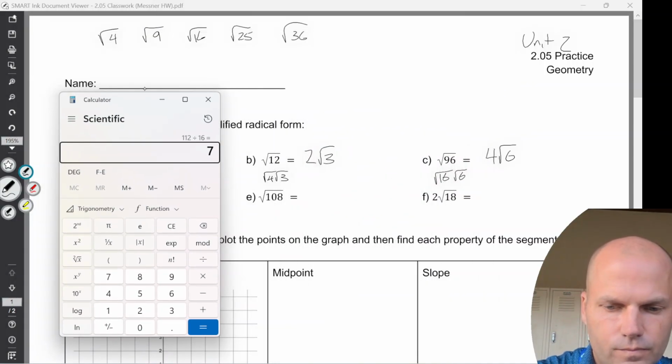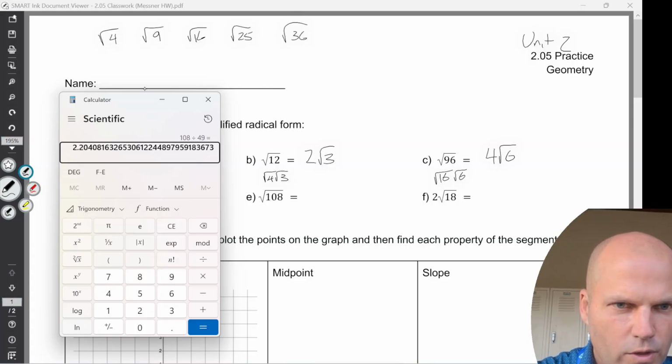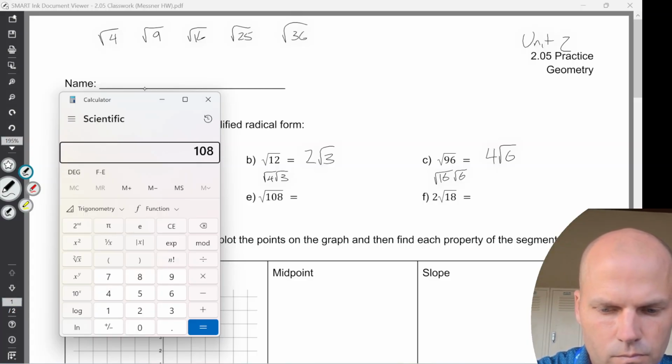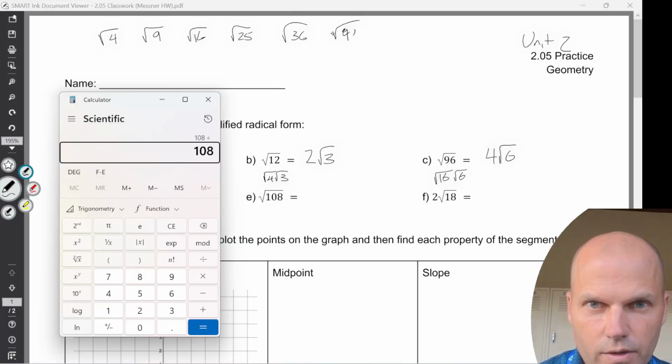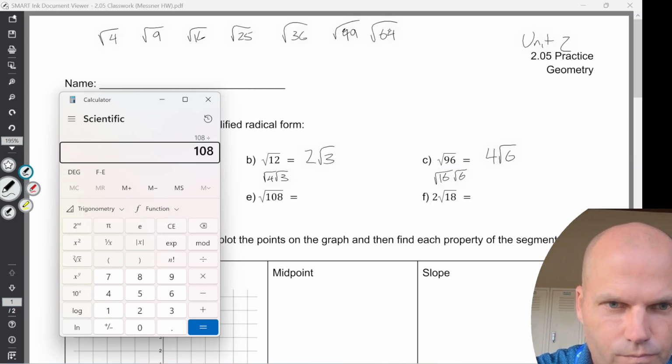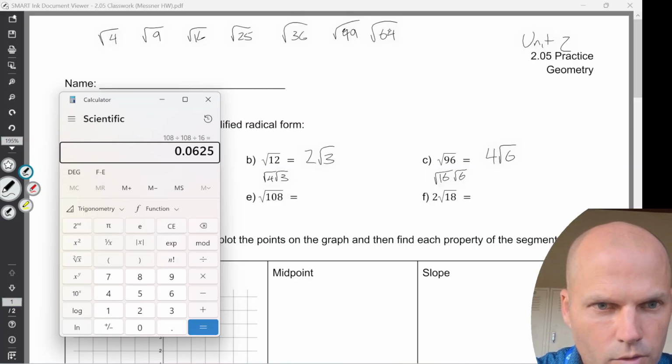108. Try 49. Nope. Try 64. Nope. I should put those numbers down, like 49 is 7 squared. 64 is 8 squared. Try 16 again.